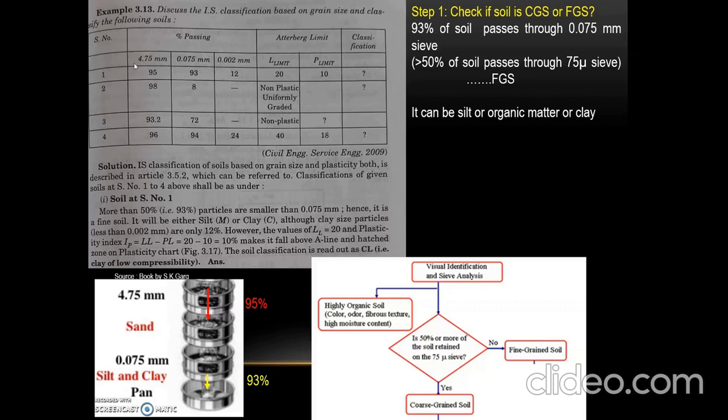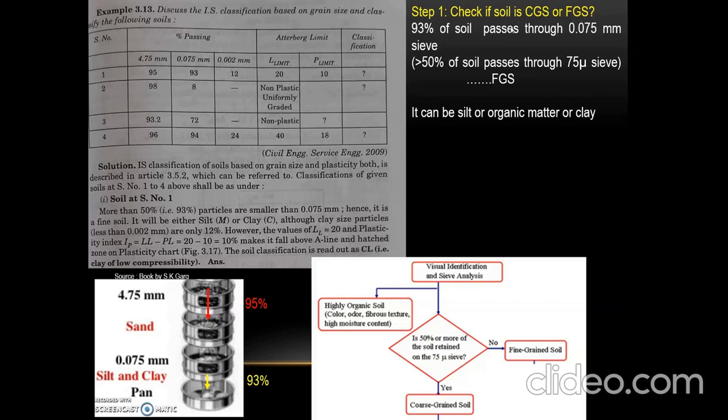For the first soil, the value of percent passing through 4.75 mm is 95, percent passing through 0.075 mm is 93, and percent passing through 0.002 mm is 12. Liquid limit and plastic limit values are given. The first step while classifying the soil is to check whether the soil is coarse grained or fine grained.